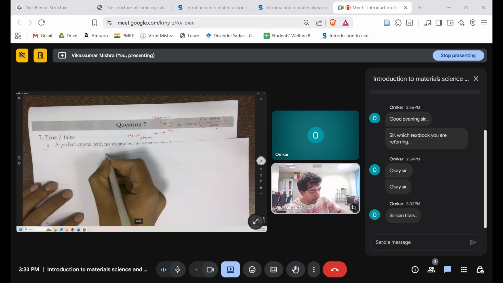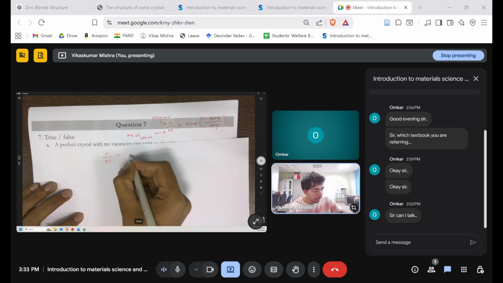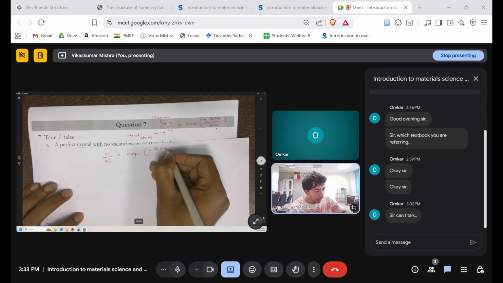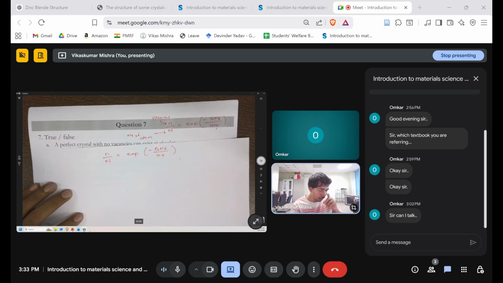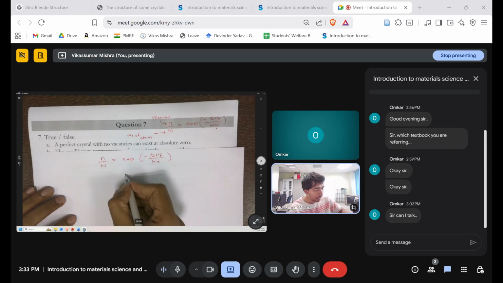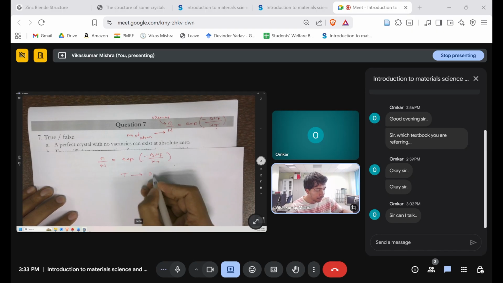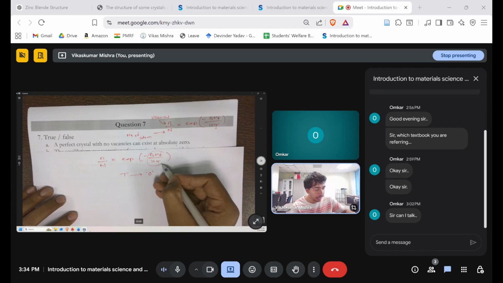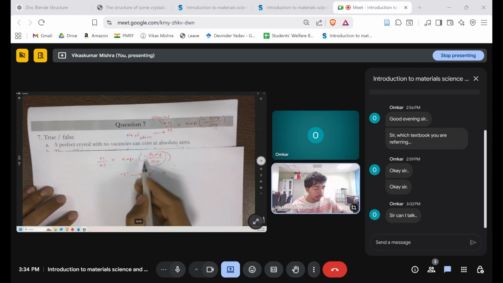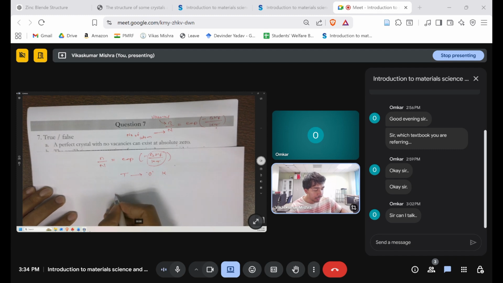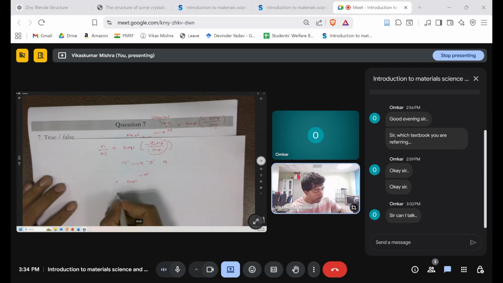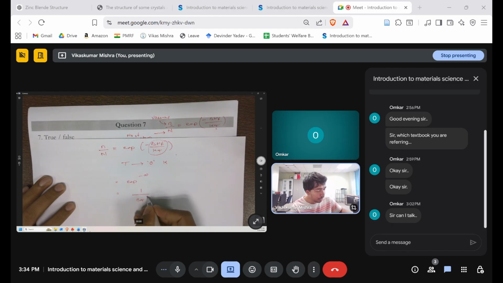Now let's see this particular equation. Small n divided by capital N will be equal to the exponential of minus delta H_F divided by kT. Now consider that we are moving towards absolute zero, T is tending towards 0 Kelvin. So what will happen? This entire thing will tend towards infinity. With the minus sign, it will tend towards minus infinity, exponential of minus infinity. So the value of the exponential of minus infinity we can write as 1 divided by exponential of infinity.